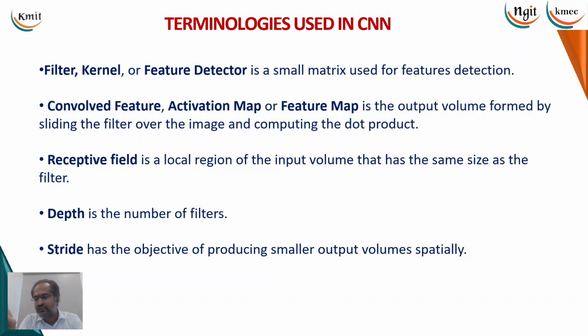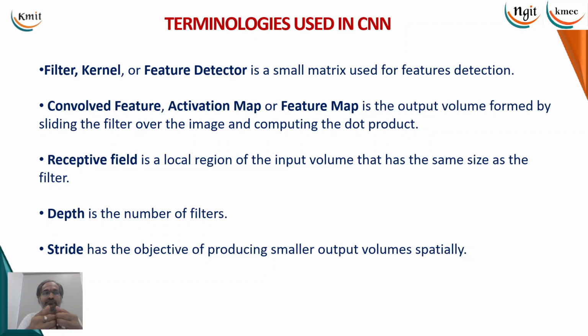How many filters you want to use is up to you, depending upon the architecture and the complexity of the model. So a number of filters can be used. A filter is a small matrix which runs over the image to retrieve the features of the image.